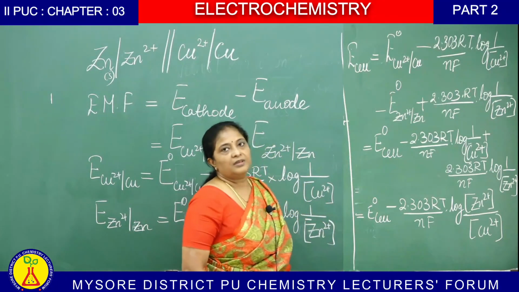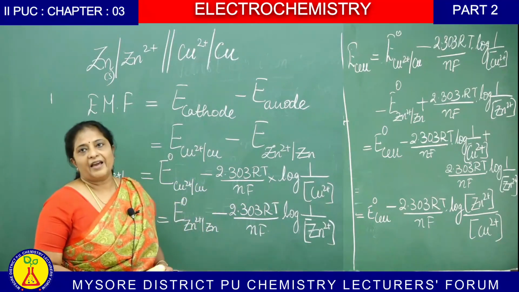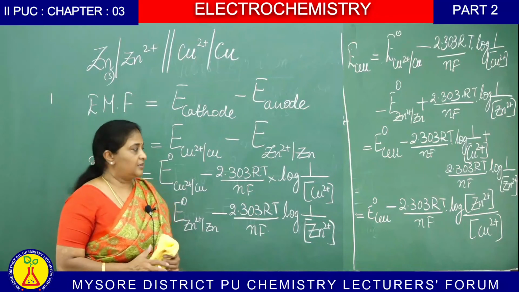So, this is the Nernst equation for any Daniell cell.